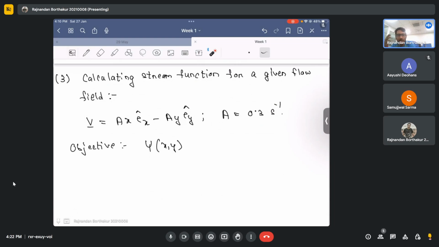Okay, so the velocity field is given, and as you can see, can you tell me whether this velocity field is in the Eulerian or a Lagrangian description, just by looking at the velocity field?